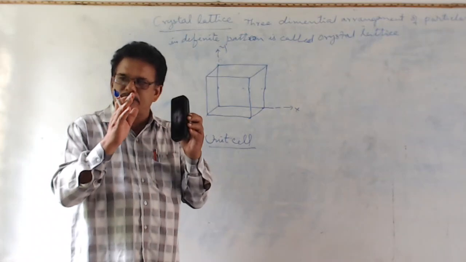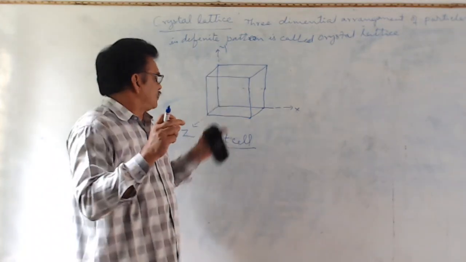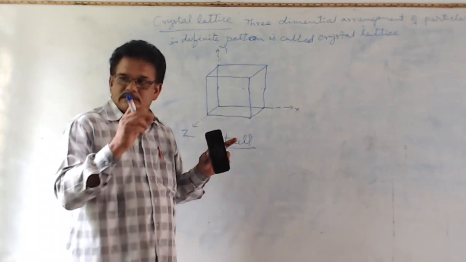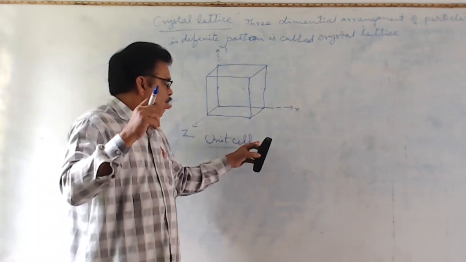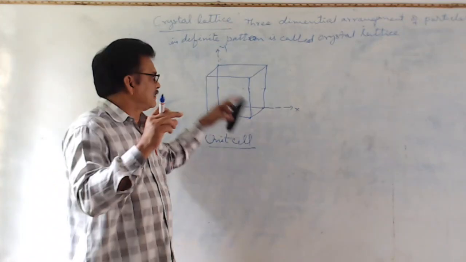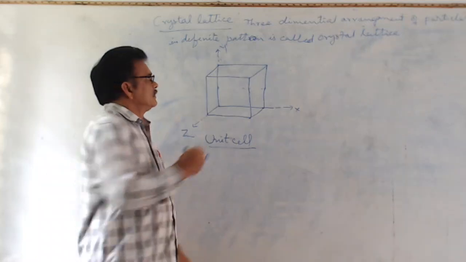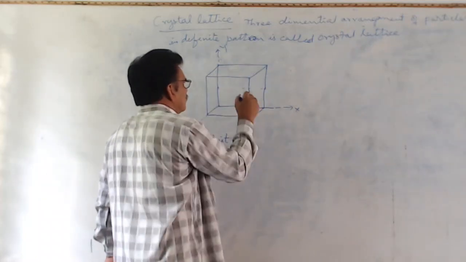If the entire cube is the crystal lattice, the small cubes that are present in the cube denote a unit cell. Say this is the crystal lattice.